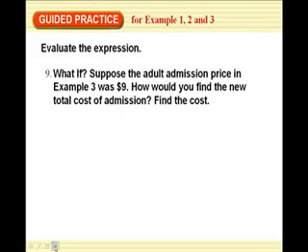Guided practice, evaluate the expression. What if, suppose the adult admission price in example 3 was $9. How would you find the new total cost of admission? So if the adults cost $9, didn't the students cost $9 also? So what I would do, if everybody was $9, there were 34 students and 3 adults.